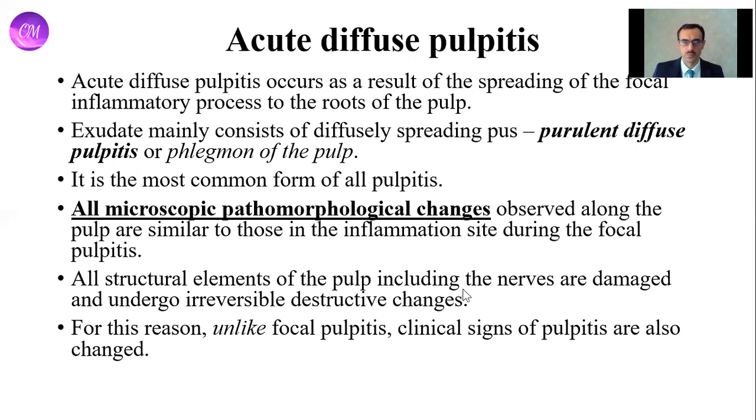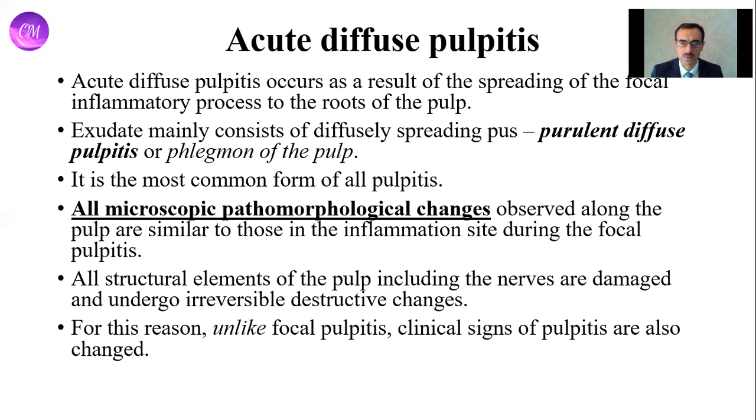Acute diffuse pulpitis occurs as a result of spreading of the focal inflammatory process to the roots of the pulp. The exudate mainly consists of diffusely spreading pus. Purulent diffuse pulpitis, or phlegmon of the pulp, develops.